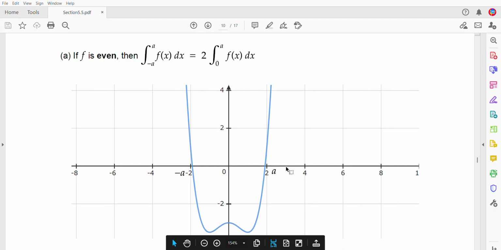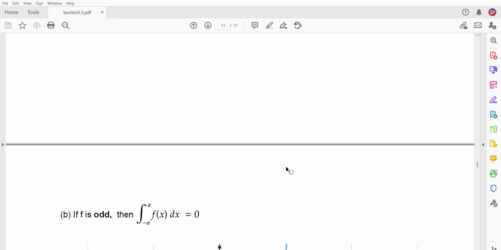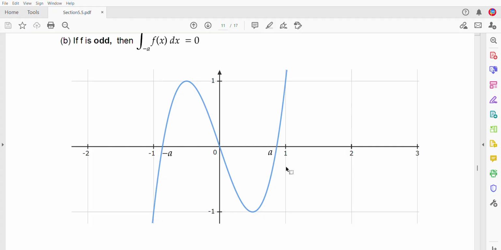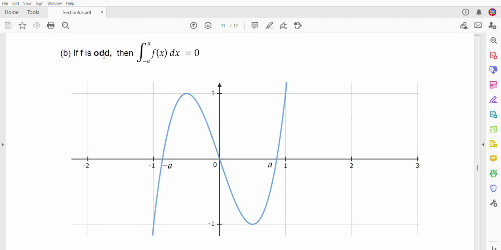What about an odd function? The graph of an odd function is symmetric about the origin. What that means is you reflect the right hand part once and then reflect it again. That is, take the right hand part, reflect it about the y-axis, and then reflect it about the x-axis.